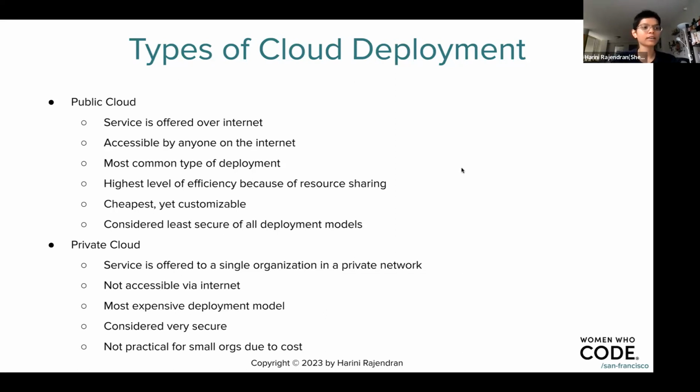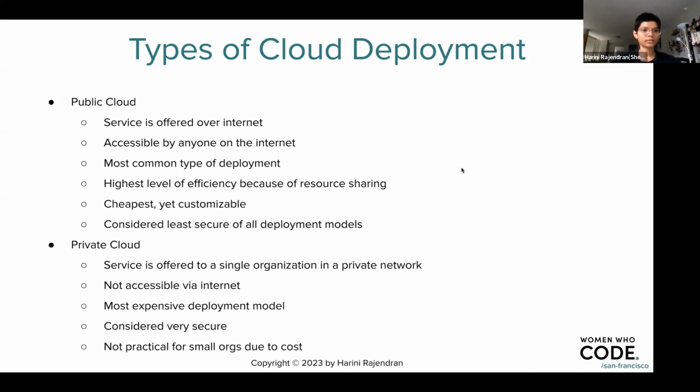Anyone can hack it. Anyone can DDoS your service. So if you are a bank, or a government agency, if you are the Fed, then you most probably would hesitate to use public cloud, or even if you are a hospital, you would most probably hesitate to use public cloud because of these security threats compared to the other models.